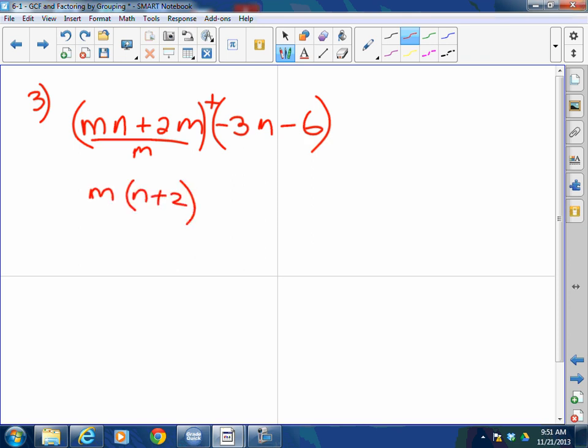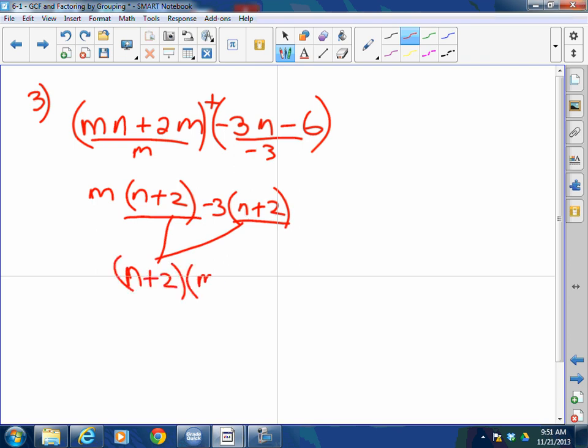Then if I want this second term to look like an n plus 2, what do I got to factor out of here? A negative 3, very good. So I got n plus 2. Now I have n plus 2 and n plus 2, identical binomials. Take those bad boys out. And I am left with my two leftover GCFs of m minus 3.